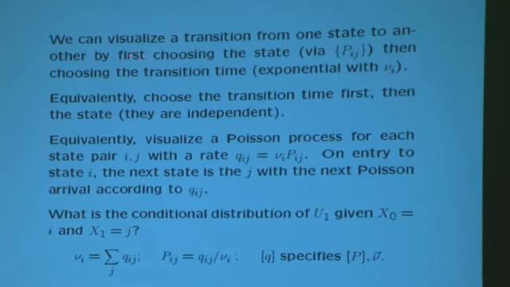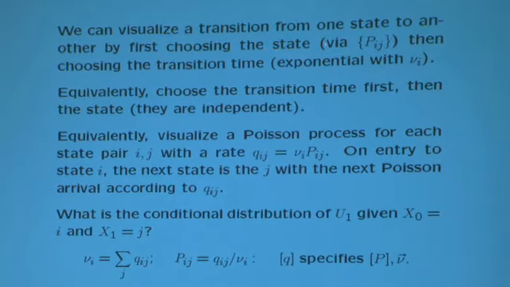You can visualize this transition by first choosing the next state via the transition probabilities in the embedded Markov chain, and then you choose the transition time, which is exponential with rate nu sub i. Equivalently, because these are independent given the state, you can choose the transition time first, and then you can choose the state, because these are independent of each other, conditional on the state that you're in.